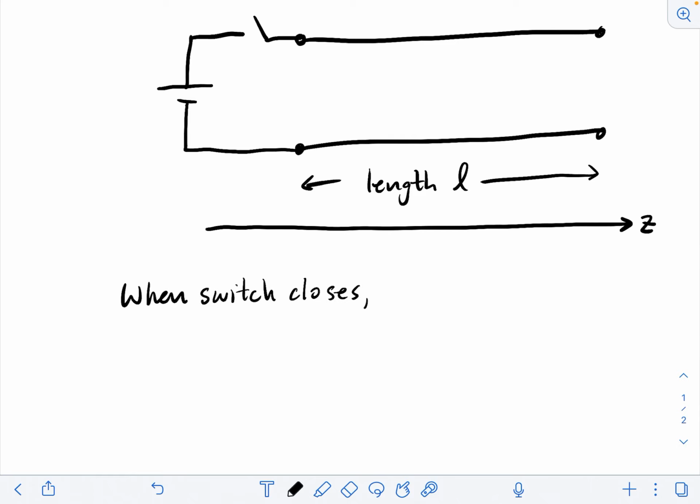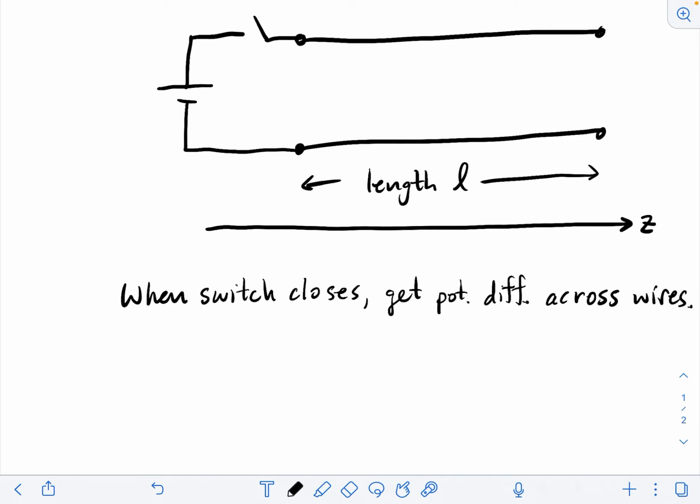if we start with conductors that have no charge, no potential difference, after closing the switch and waiting a very short time, we'll develop a potential difference across these wires or conductors.